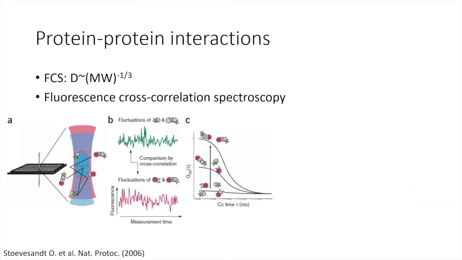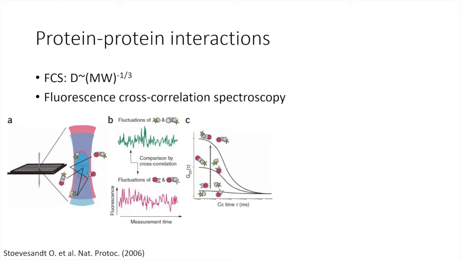And since in FCS the diffusion coefficient is proportional to the cube root of the molecular weight, it's not that sensitive when you're looking at protein-protein interaction, because if you think of two proteins coming together, the molecular weight just becomes twice, and the diffusion coefficient is still very similar.